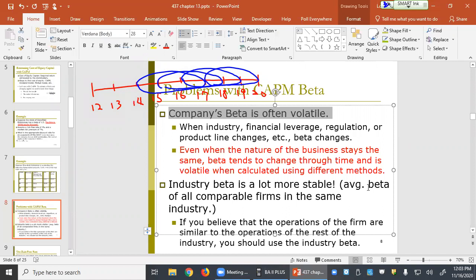What we find is that the beta tends to be very volatile. And sometimes we can find reason to explain why the beta of the same company changes, while other times we simply cannot explain why. The first bullet statement lists the reasons that make sense. We have found that the company's beta often changes when the industry of the company changes, right?